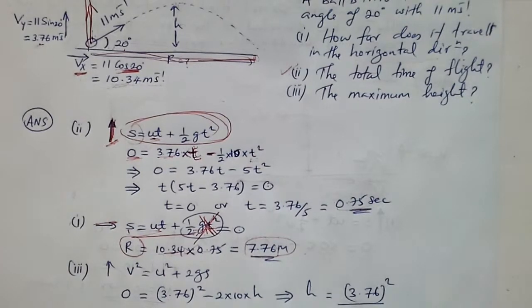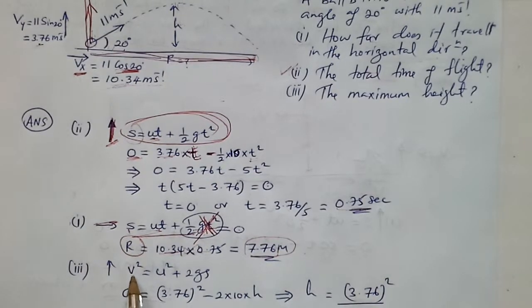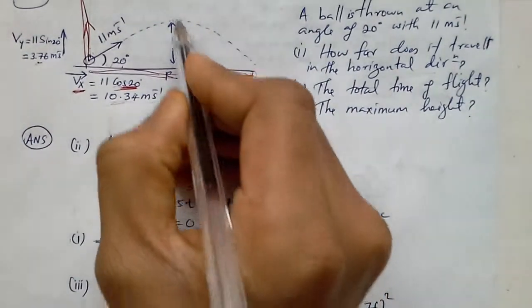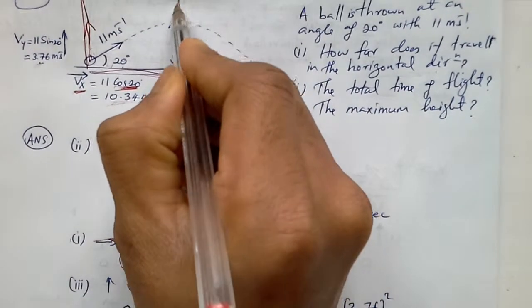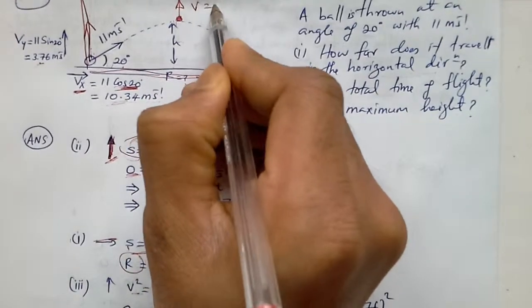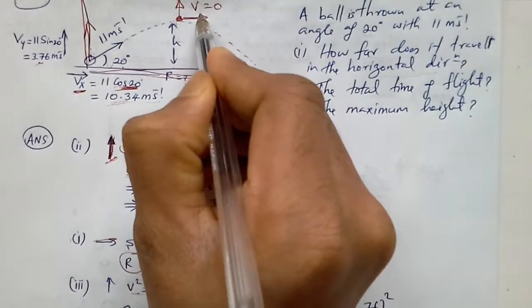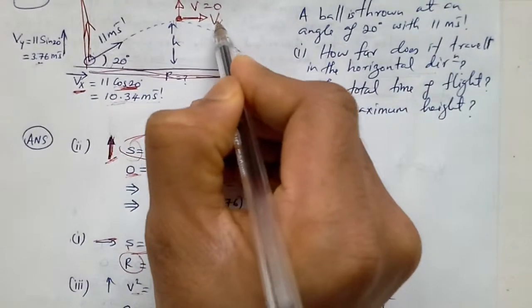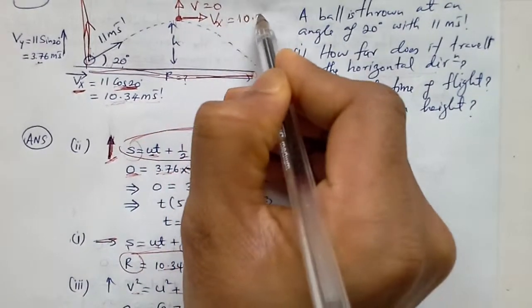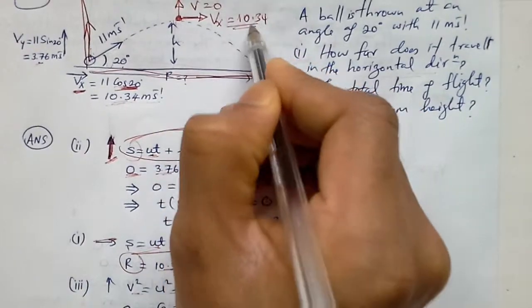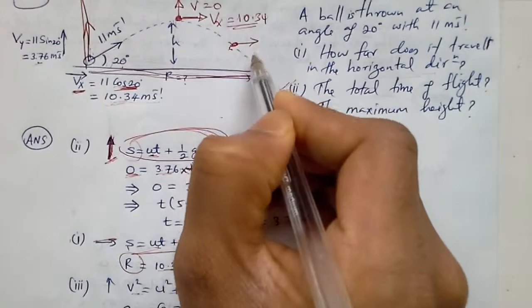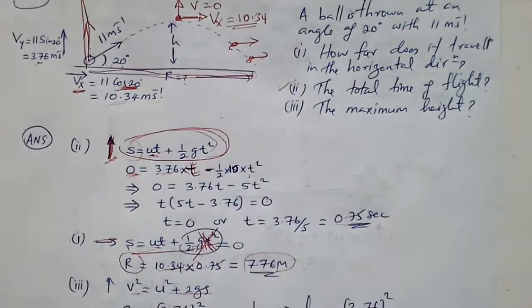Sometimes you can use conservation of energy to find the height, but here I will simply use the equation v squared equals u squared plus 2gs. At the top, the velocity in the vertical direction is 0. We will have only the horizontal component, which doesn't change: Vx is 10.34. If you pick any point, this velocity vector doesn't change.